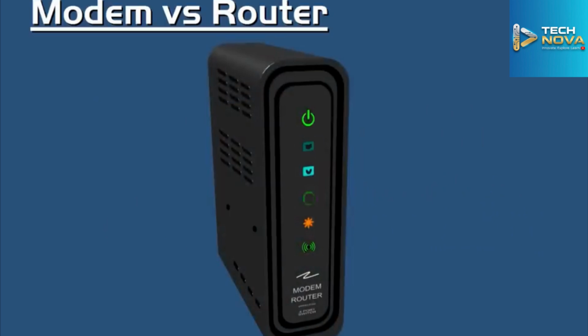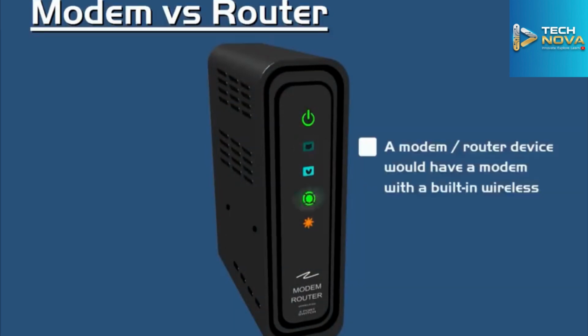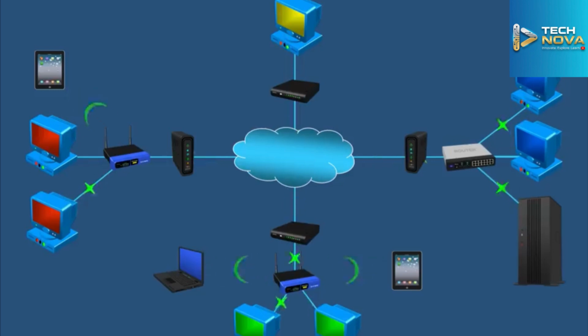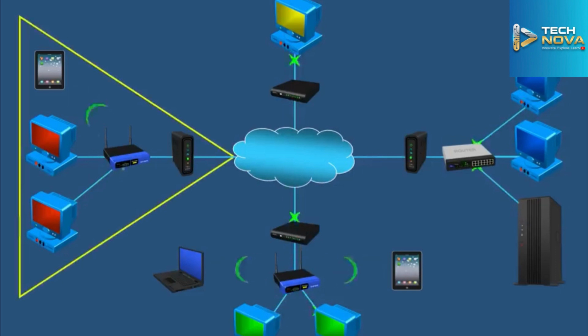So here is an example of several different networks on how they connect to the internet. For example, this network here on the left is using a cable modem, and it's using a small home office router, so that its computers and the tablet can have internet access. On the bottom, we have another network, and this network is using a DSL modem.